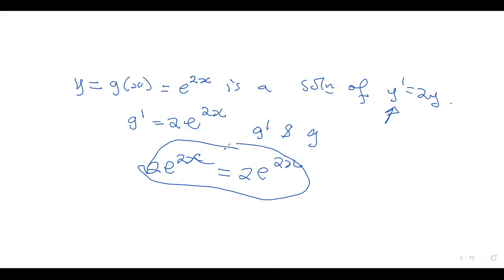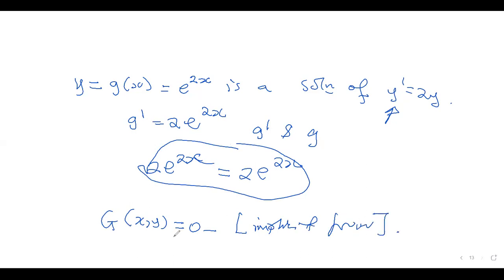And what you need to know is that sometimes a solution of a DE will appear in this form, and we call this implicit form. You may not be able to express the solution explicitly. So the explicit form is, for example, x squared plus y squared minus 1 equal to 0.